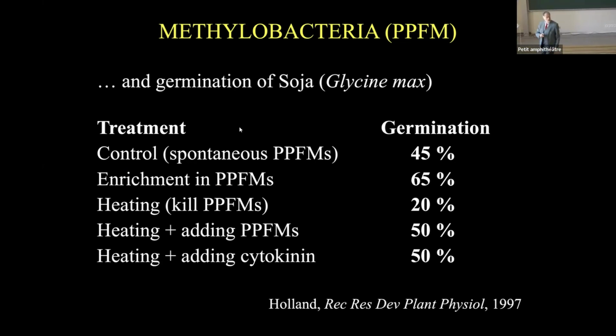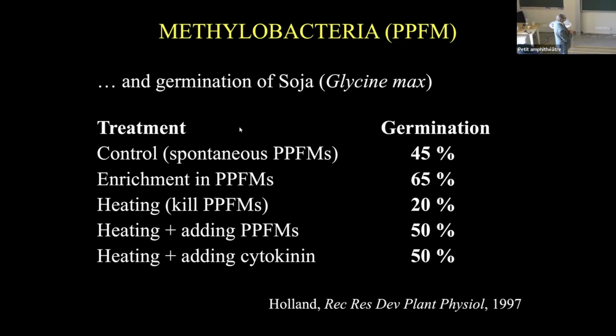Anyway, you have here the germination with spontaneous bacteria in the seeds. Now, when you enrich in these bacteria, it germinates more often. When you kill the bacteria by heating, which is very easy because the seeds survive the heating but not the fungi or the bacteria, then you reduce the germination.